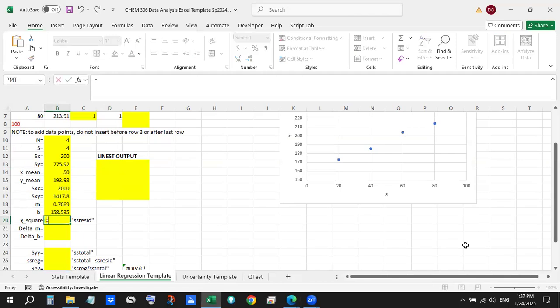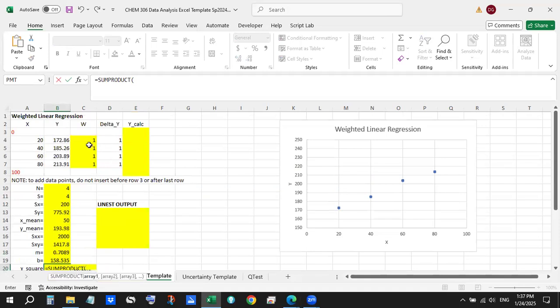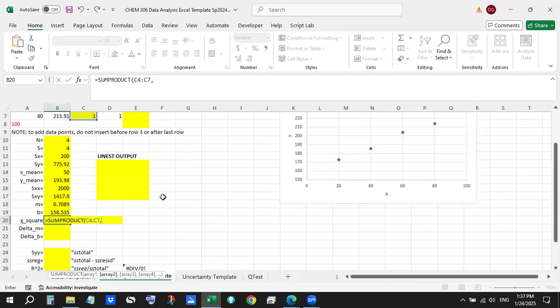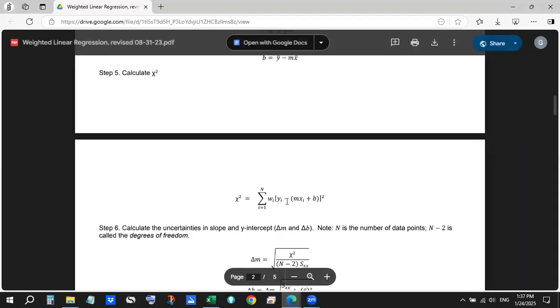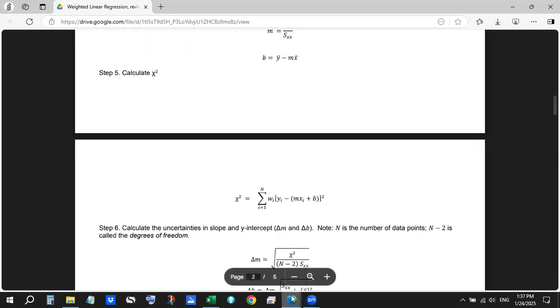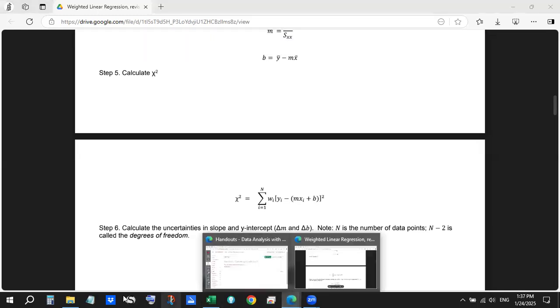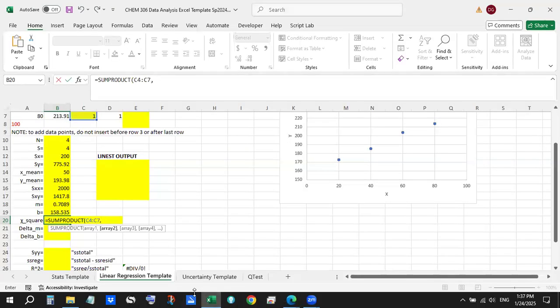So this is going to be SUMPRODUCT, open parenthesis, the weights, comma, C4 to C7. What was that formula again? The y values minus the fitted calculated y values. So y values minus the calculated y values.